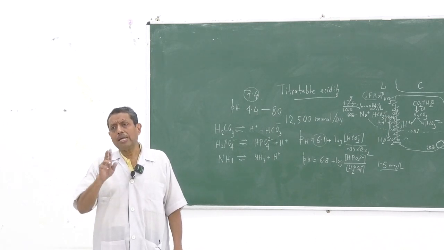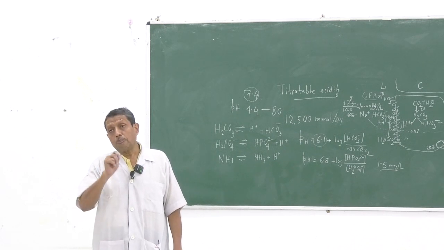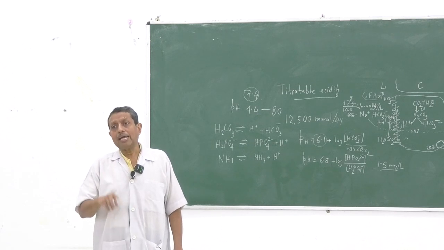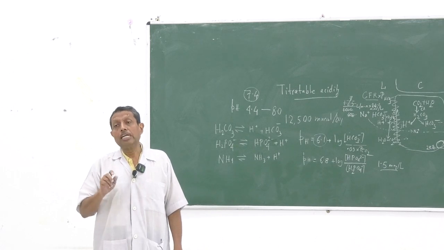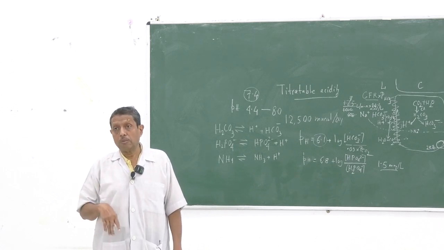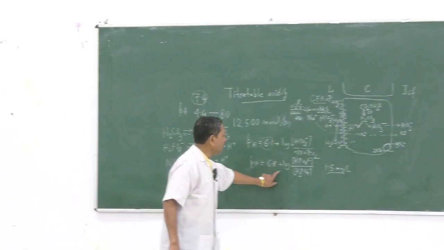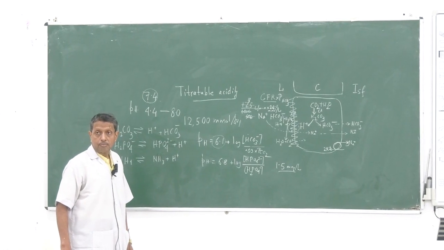Lactic acid is in health produced in low amount, but it has a lower pK, so it can contribute, but its absolute contribution is relatively negligible normally. It is the phosphate that is primarily important as titratable acidity.